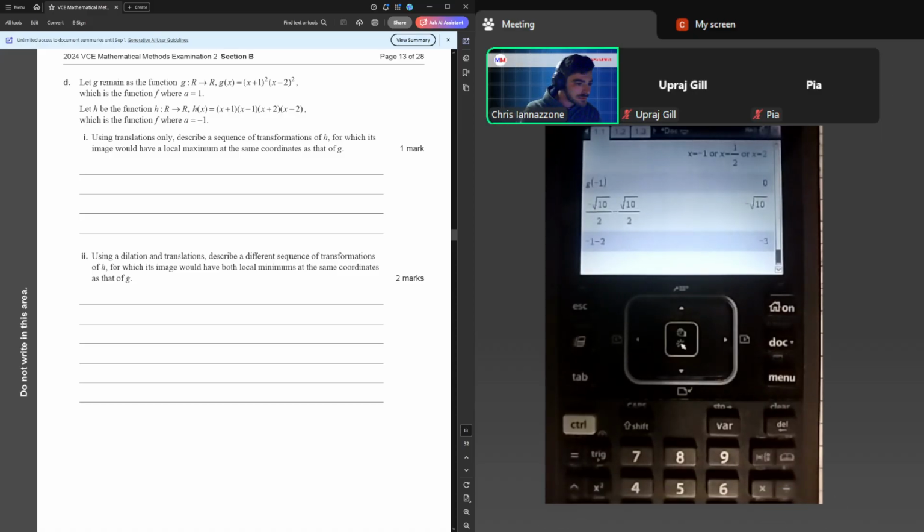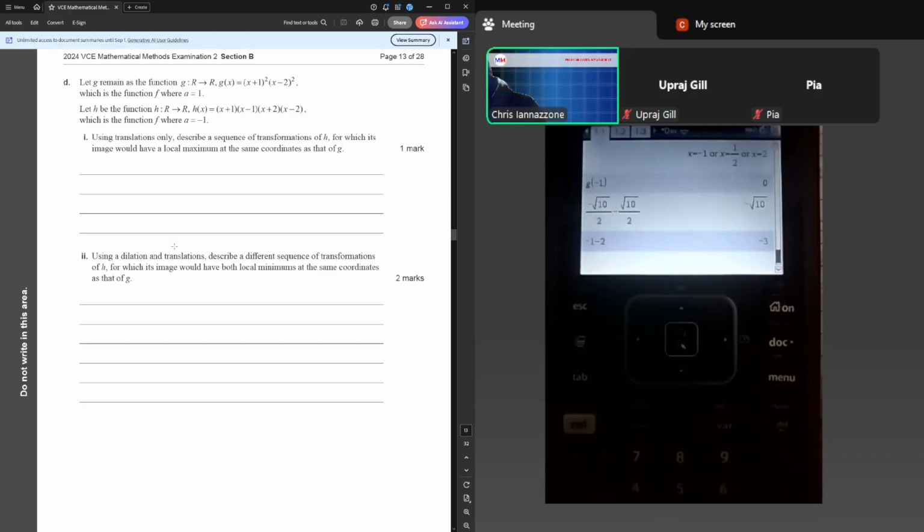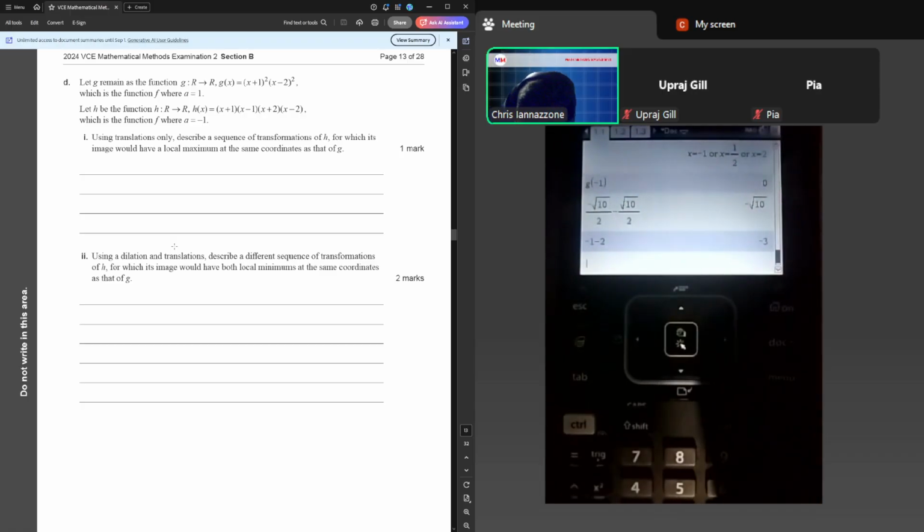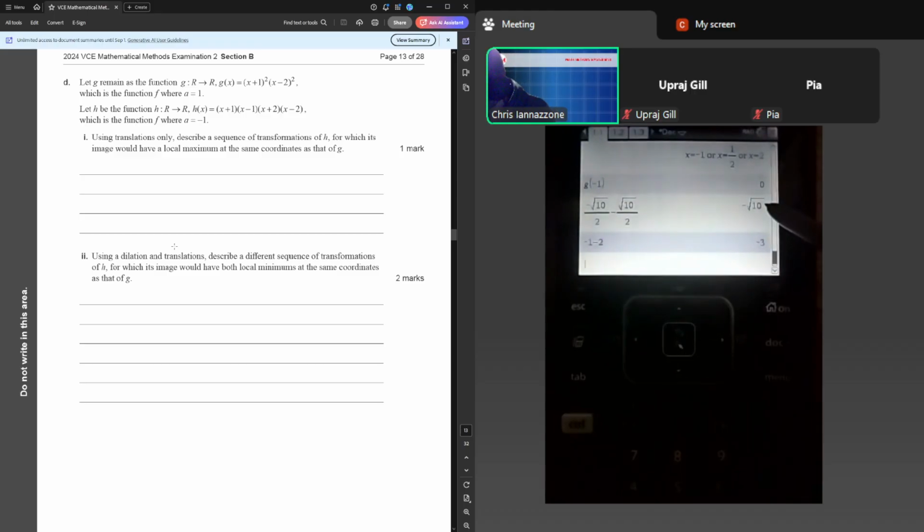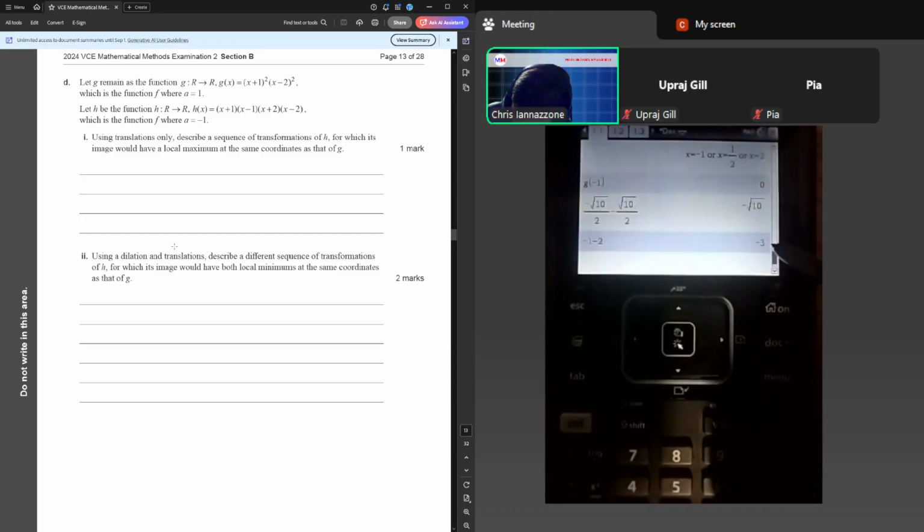So if we're trying to go from H to G, the current spacing of H is root 10. This is horizontal spacing, mind you. We want a target spacing of 3.